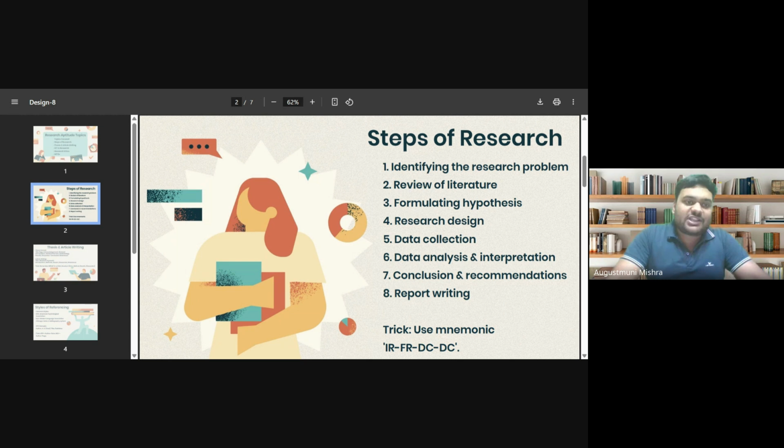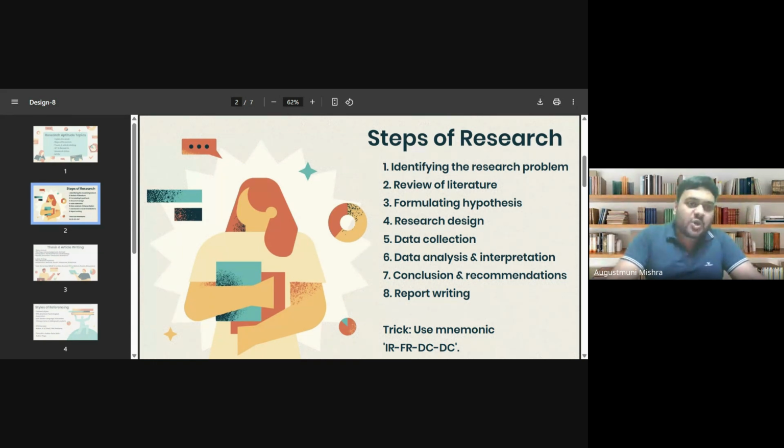Methodology is all about what kind of sample you are going to choose, and what kind of methods, like content analysis or case study. Like previously we discussed qualitative and quantitative. If your methodology is not clear, definitely you are not going to complete your research work in a particular period of time.